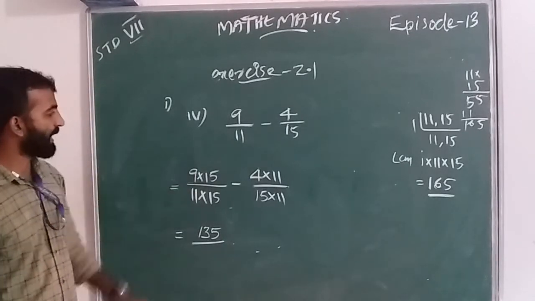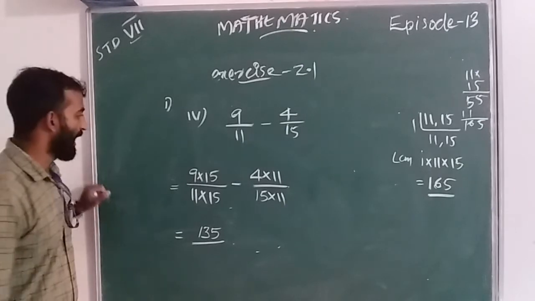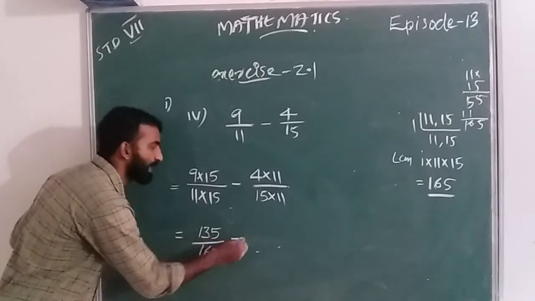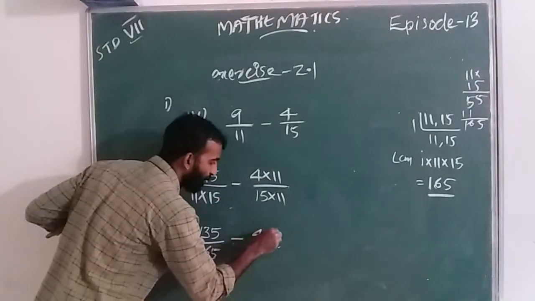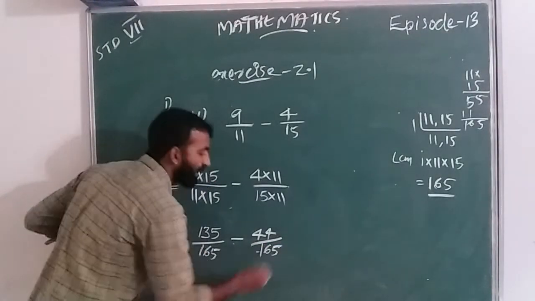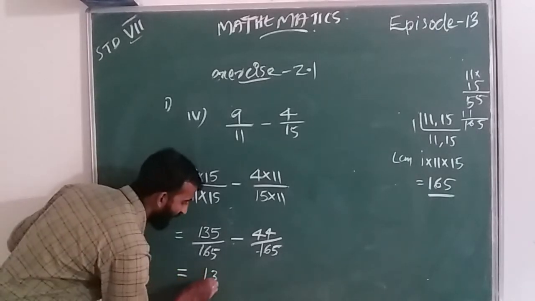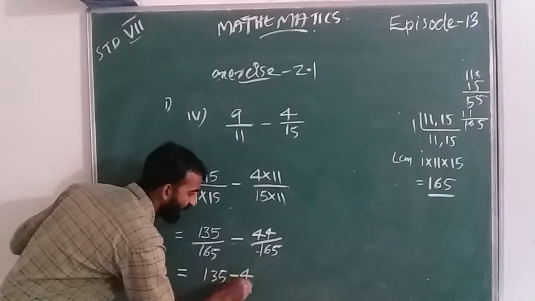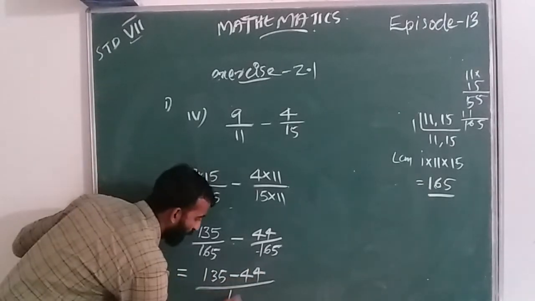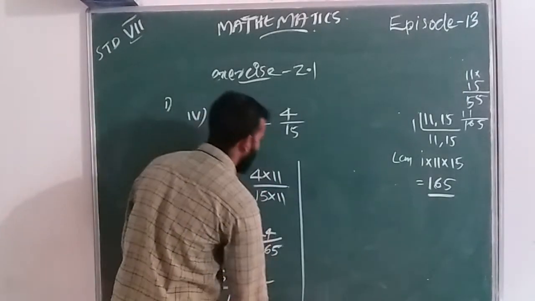When we multiply 9 we get 135 over 165, minus what we get, 44 over 165. That is 135 minus 44, divided by 165.